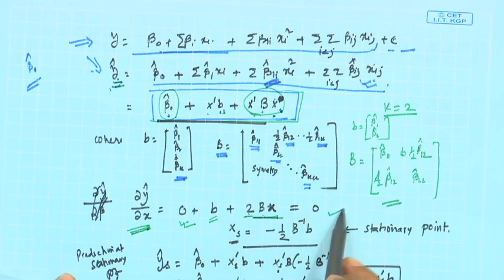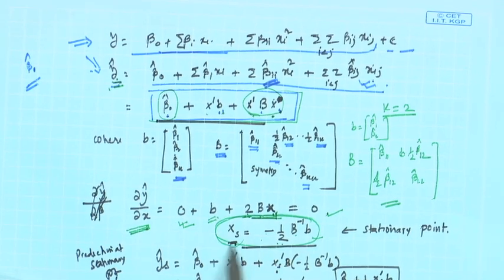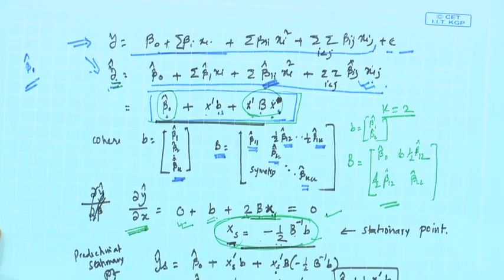So, we put it equal to 0, and then you get the value of x, which is minus half b inverse b, and this x is nothing but the stationary point for x. Okay. So, 2 b x equal to minus b. So, x equal to minus half b inverse b, that is the stationary point.